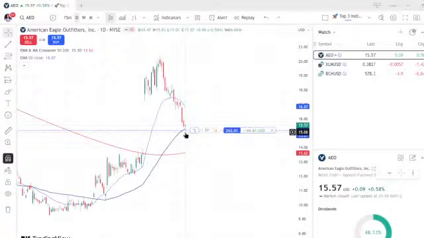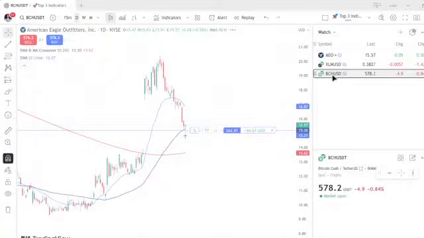It's a little bit different from this one here, but if it pulls back right below the 50-day moving average, I believe that's the best entry, right?